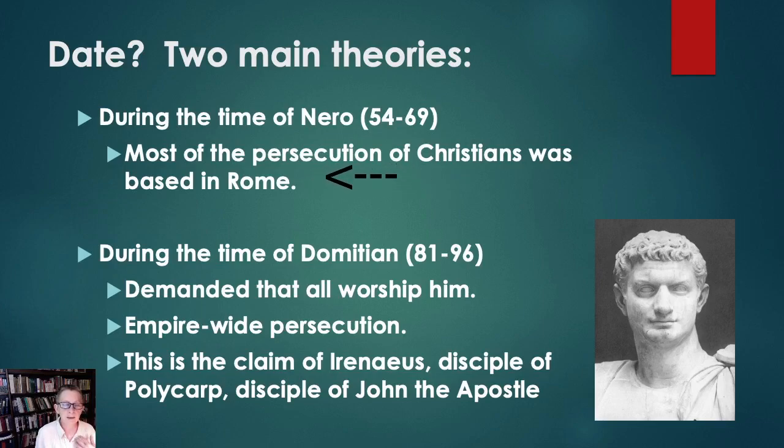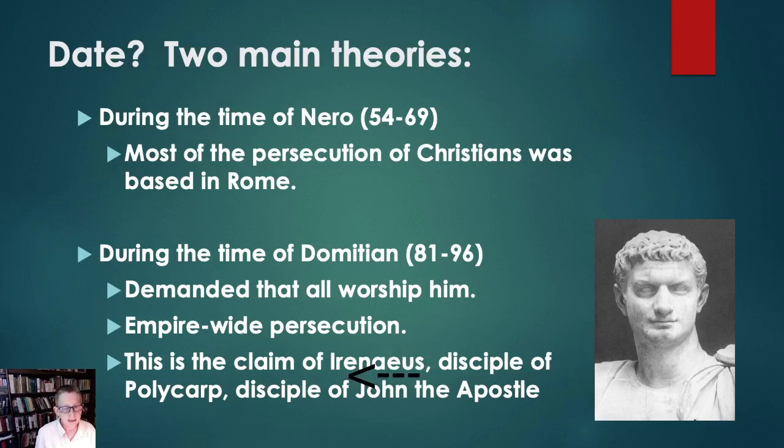Nero was certainly extreme and terrible, but we think that it's more likely to be during the time of Domitian, which would, if it was the Apostle John, mean that he was quite old. But Domitian is the first emperor to demand that every person in the empire worship him, and if they did not, they were to be killed, and that led to an empire-wide persecution.